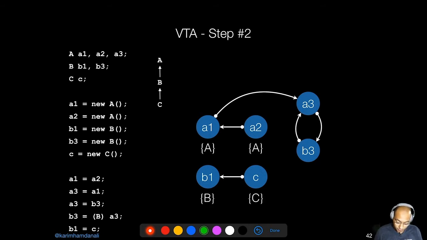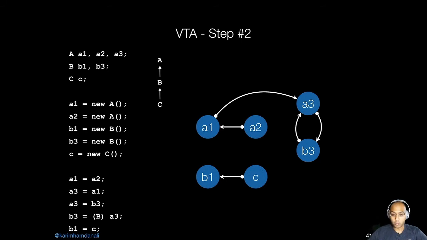Then in step 2, now that I have created all those nodes and edges, I need to also figure out the initial values that I can deduce from the allocation sites to assign to nodes.